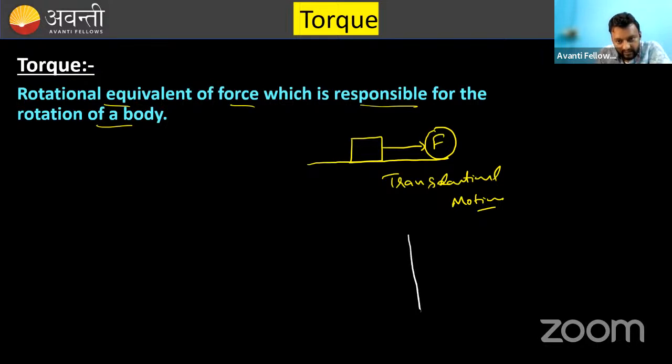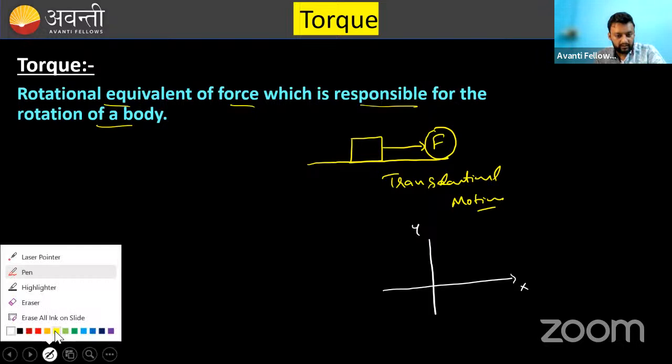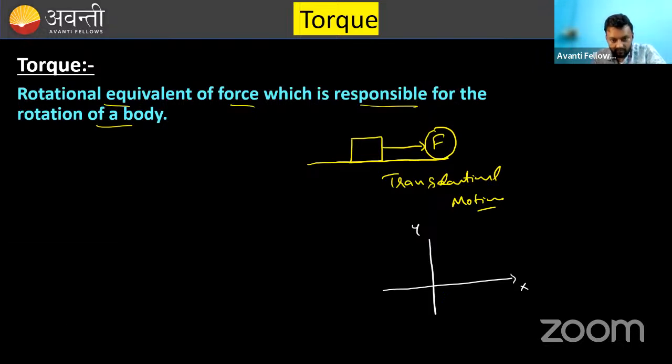Let's suppose this is our Y axis and this is our X axis. Now let's suppose this is a particle P moving. There is a force F acting on this particle in this direction.